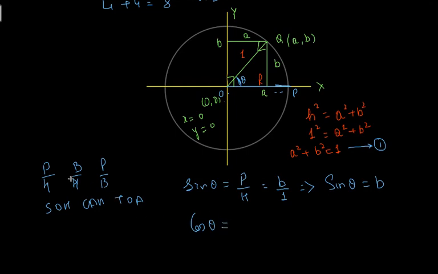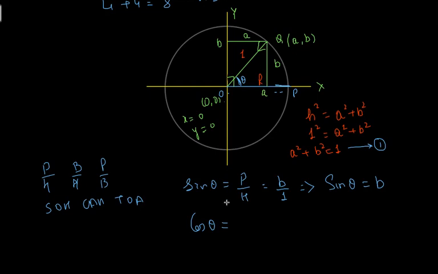Let's take cos of this angle, cos theta. Again refer to our Panditji. It is base over hypotenuse or adjacent over hypotenuse. So again I will repeat. This is the angle theta. This is the side which is adjacent to this angle. This was opposite. This is adjacent, right? So adjacent is what?